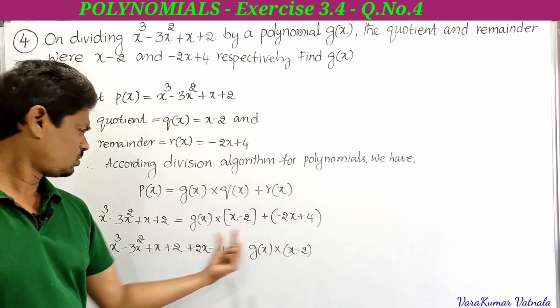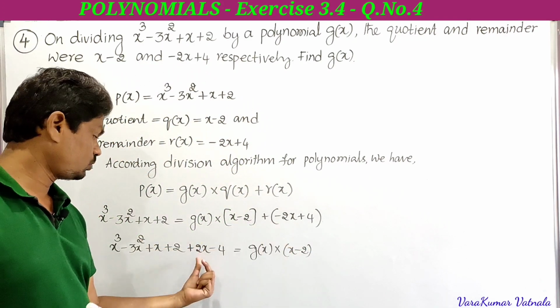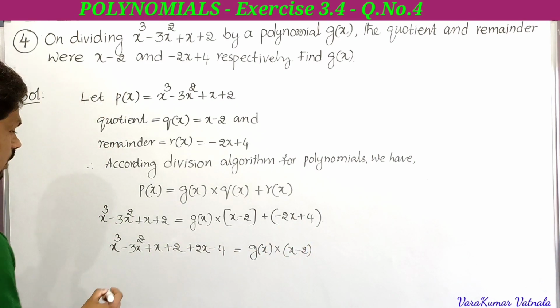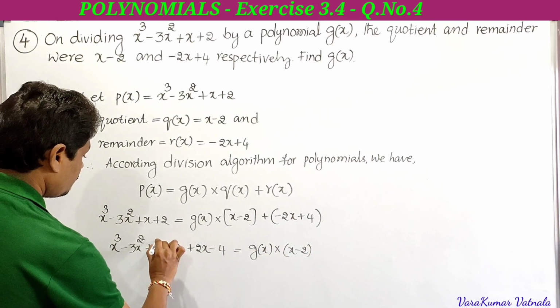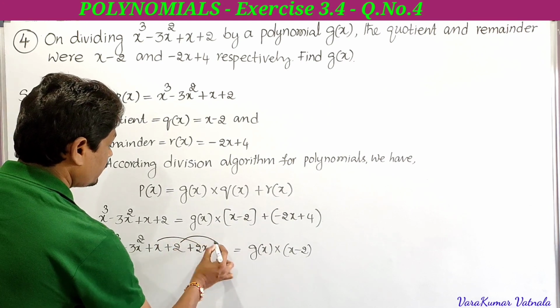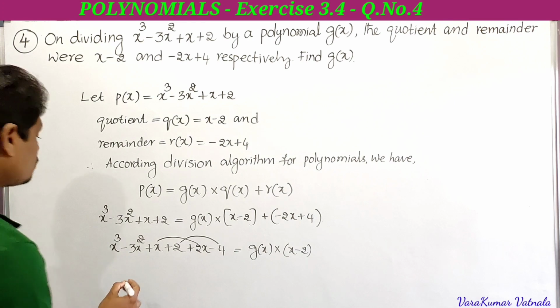So now we have to simplify. Here plus x and plus 2x are like terms, and plus 2 and minus 4 are like terms.